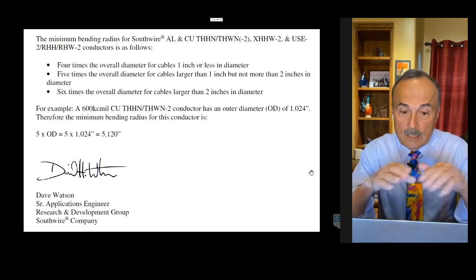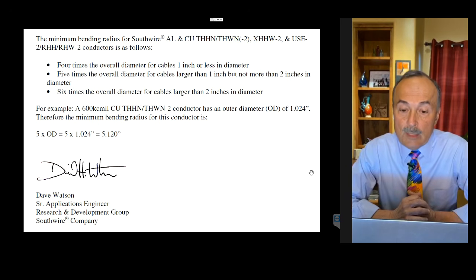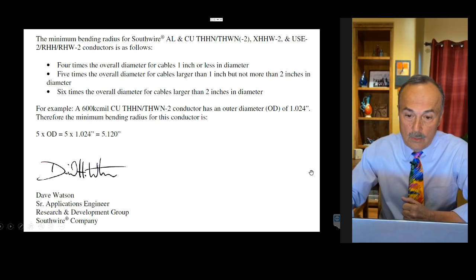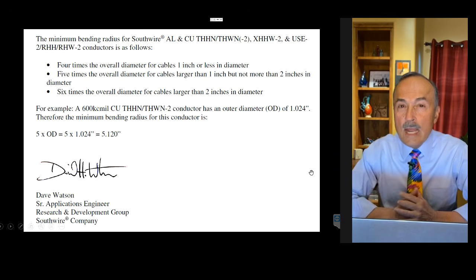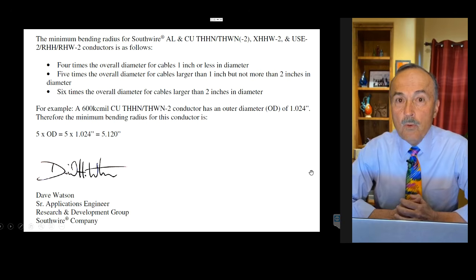There was an example in this case: a 600 kcmil conductor has an outer diameter of 1.024, which falls into 1 inch and larger, requires 5 times, and so therefore the bending radius is going to be 5.12.